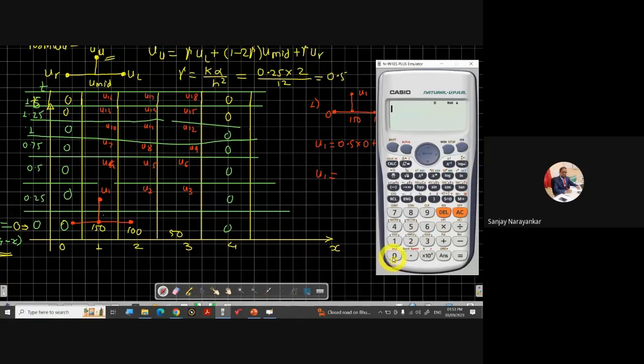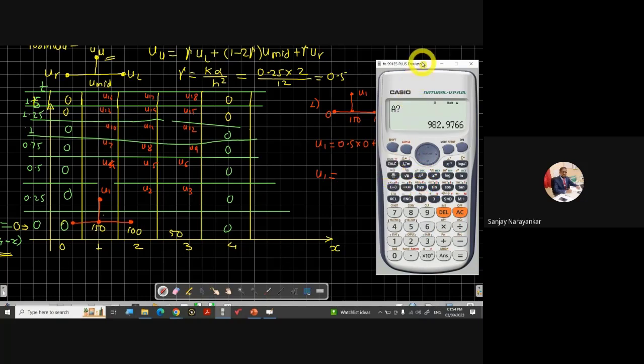So 0.5 into alpha A, A means the left value, plus 1 minus 2 into 0.5 into alpha B, B means the middle value, plus 0.5 into alpha C, C means the right one.